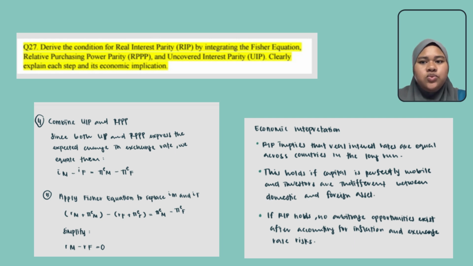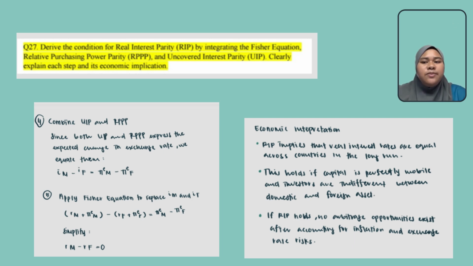The next step is we need to apply the Fisher equation by substituting i domestic and i foreign. So the formula will be (r foreign plus pi foreign) minus (r domestic plus pi domestic) equals pi foreign minus pi domestic.